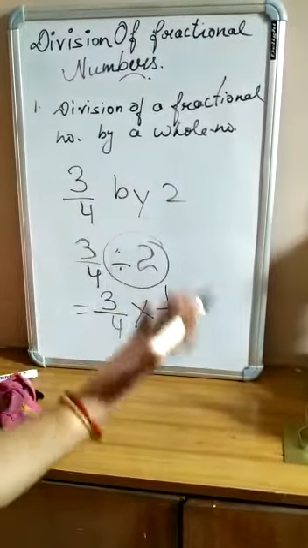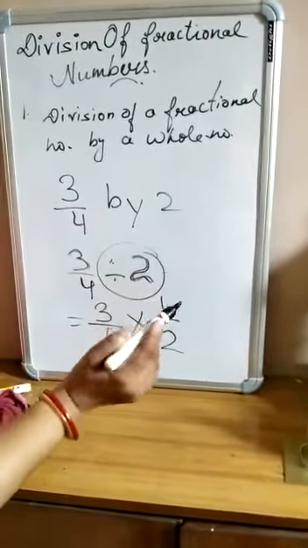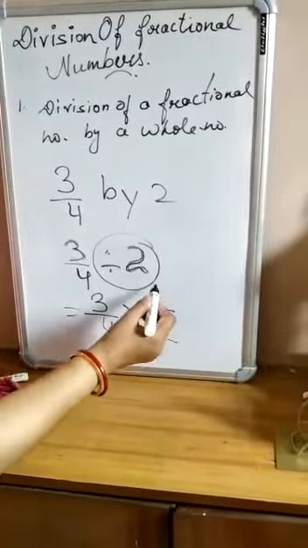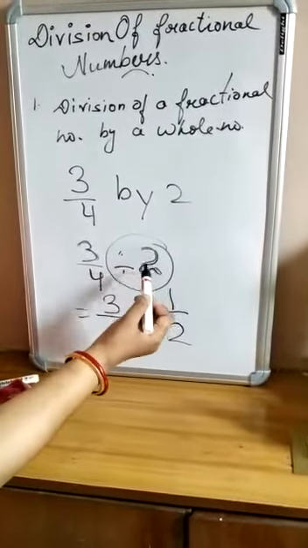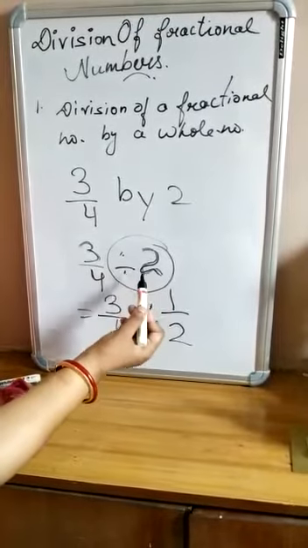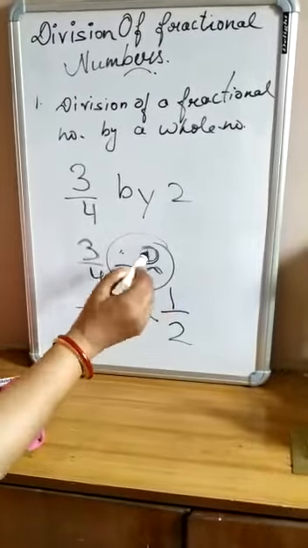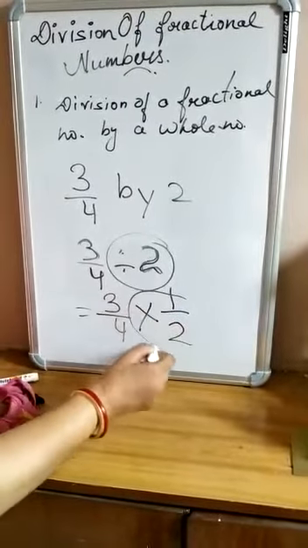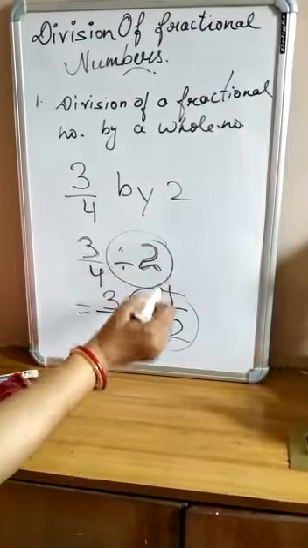We just multiply with the reciprocal of this divisor. Okay, 3 by 4 is multiplied by 1 by 2. So, dividing by a number actually means multiplying with the reciprocal of the number.